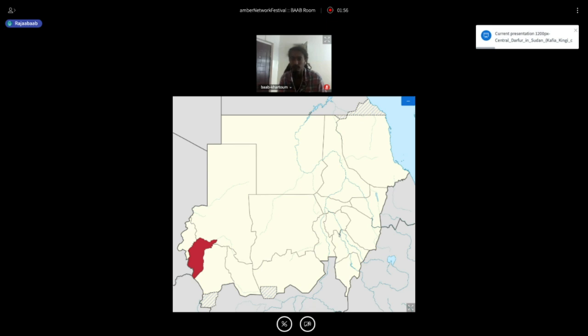During this time, part of the main idea was how the differences of culture and language were used to separate what is called Sudanese.